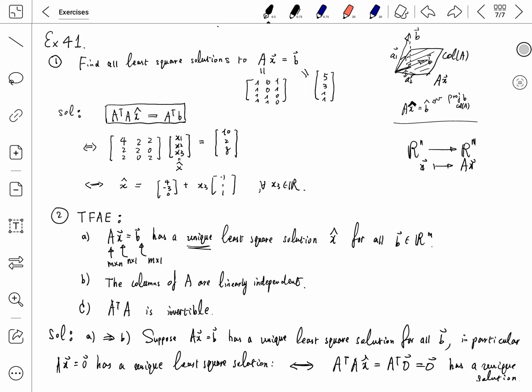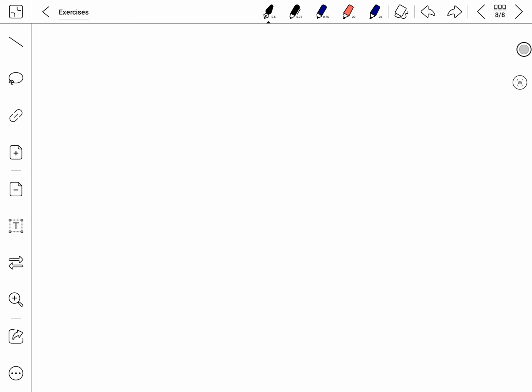This is telling us that 0 is the unique solution for this. So this is equivalent to saying ATA x equals 0 has the unique solution x hat equals 0.